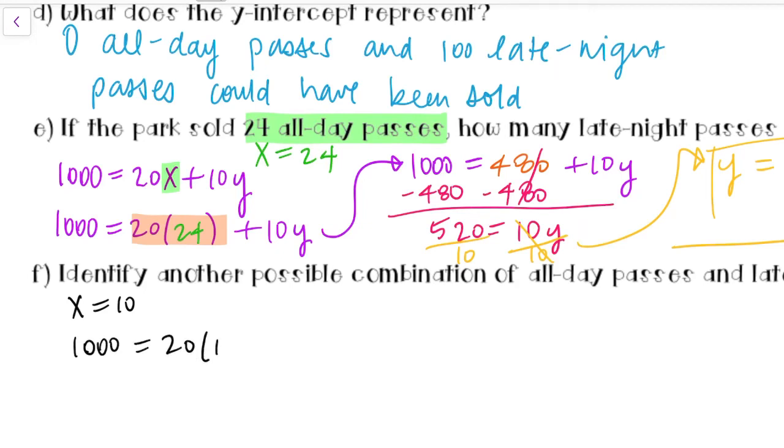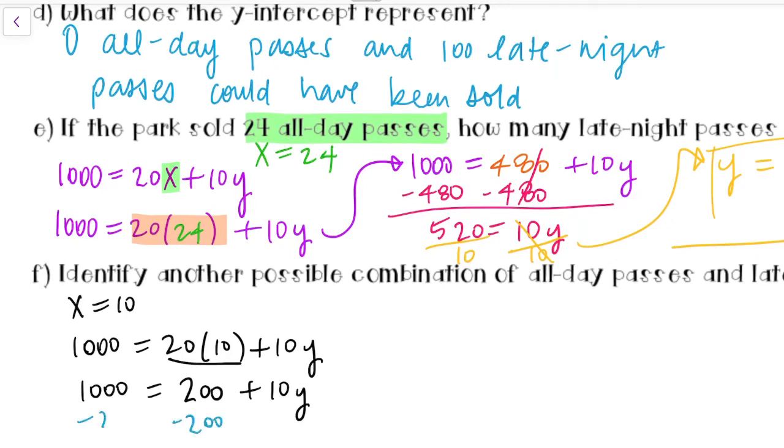So 1,000 equals 20 times 10 this time, plus 10y. 20 times 10, we get 200, plus 10y equals 1,000. My goal is to be solving for y, so that means I'll subtract the 200 first. And we have 800 equals 10y.